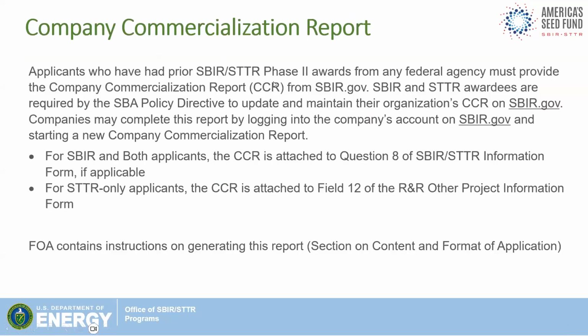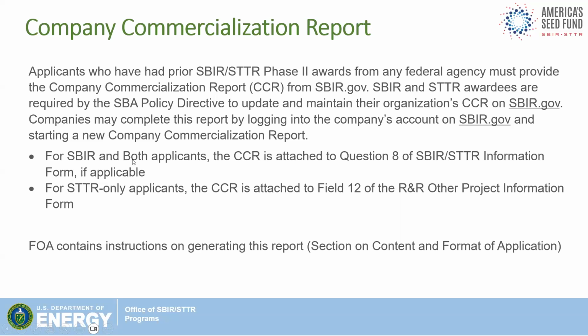If you have had and completed a prior phase 2 award, SBIR or STTR phase 2 award from any federal agency, then you must submit your company commercialization report, which is generated on SBIR.gov. You are required to update and maintain your CCR, and we generally recommend that you update it on an annual basis.